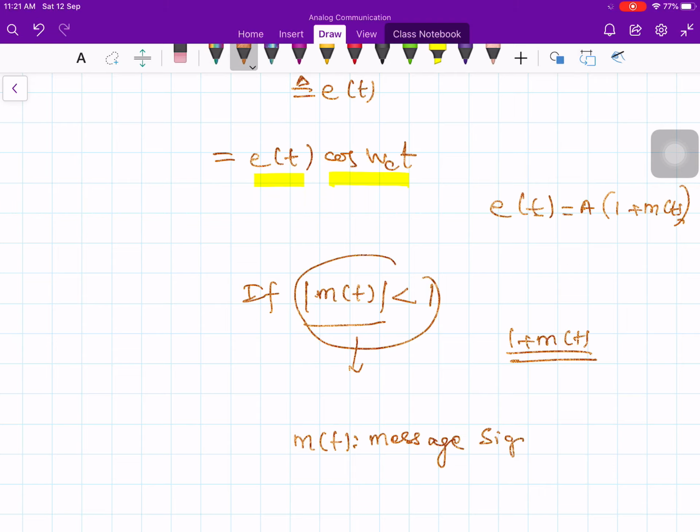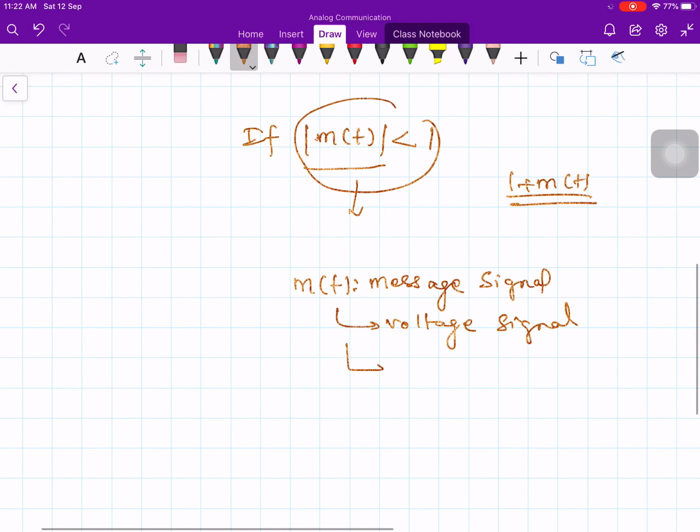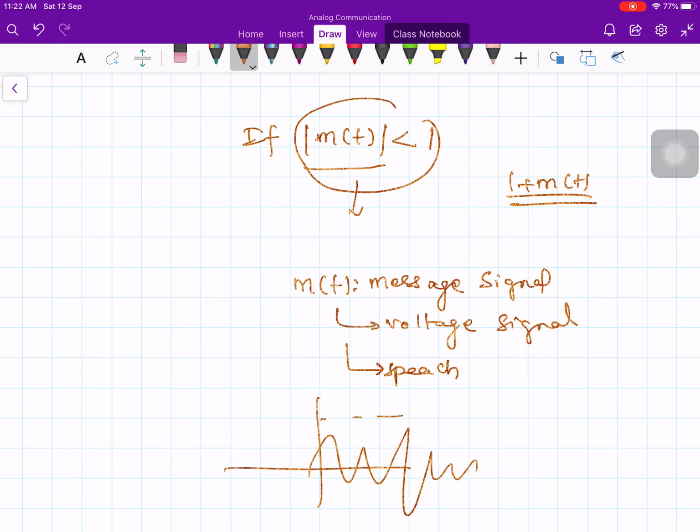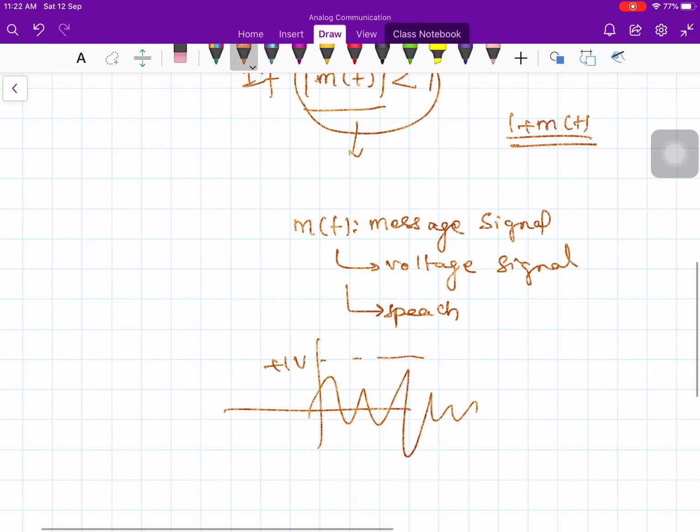And when I say message signal, that means it is a voltage signal. Like you take your speech signal and it is oscillating between, let's say, plus 1 volt and minus 1 volt.